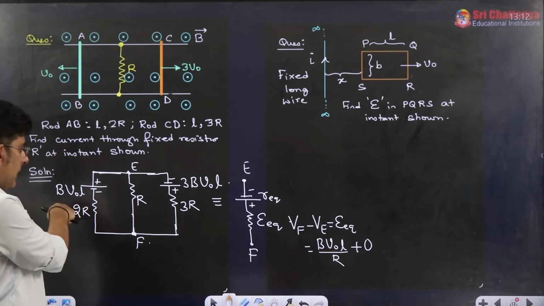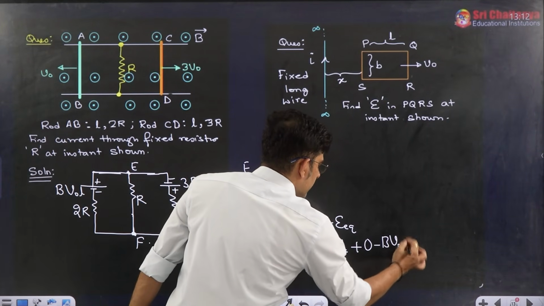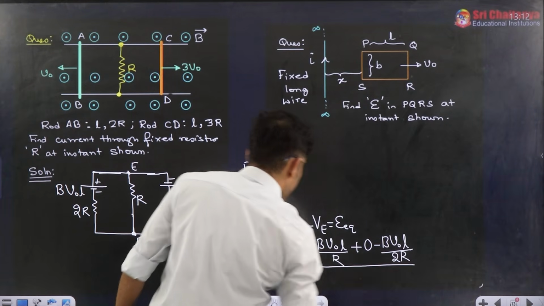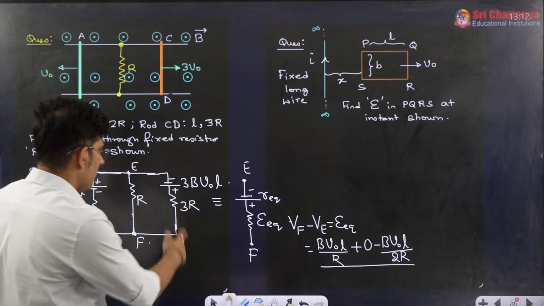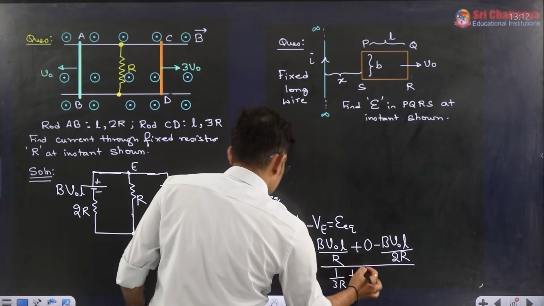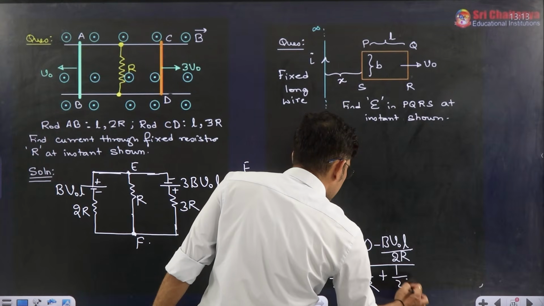Here we have opposite EMF, so minus B V naught L by 2R. If you know the formula for parallel cells, you won't have any problem in this, divided by 1 by 3R plus 1 by R plus 1 by 2R.